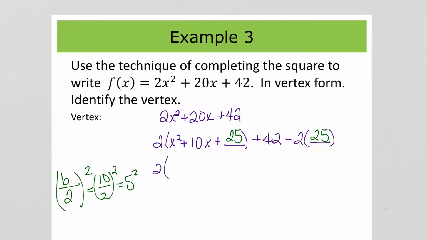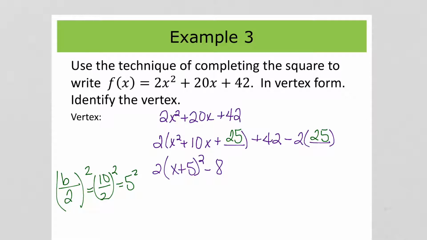Okay, so then we have a 2 out here. And since we've got the plus 25 on the inside, x squared plus 10x plus 25 is a perfect square trinomial that factors just to be x plus 5 quantity squared. And then out here we've got 42 minus 50, so that gives us -8.